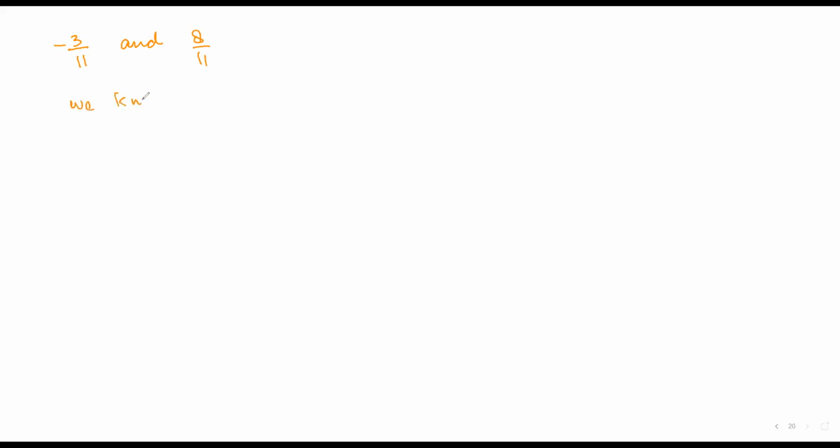We know that, can we just start from -3 on the number line? So the next number will be -2, then -1, then 0, then 1, 2, 3, 4, 5, 6, 7, and 8, right? So up to 8 I have written. I've started from -3 and written my number line till 8.